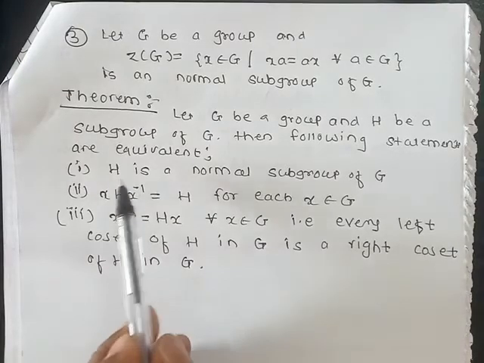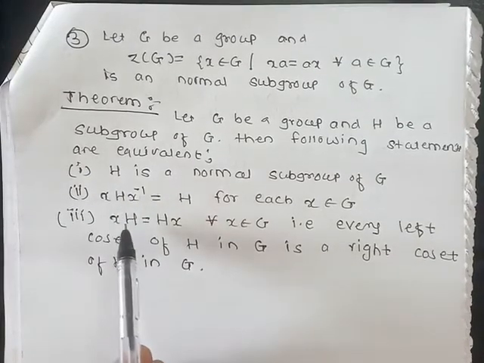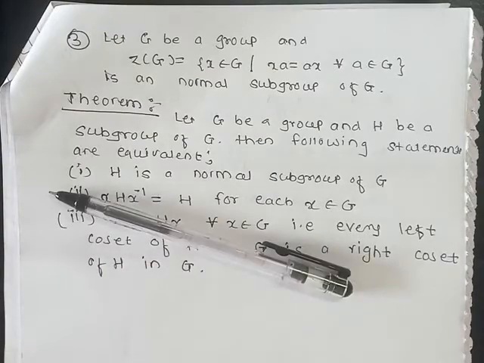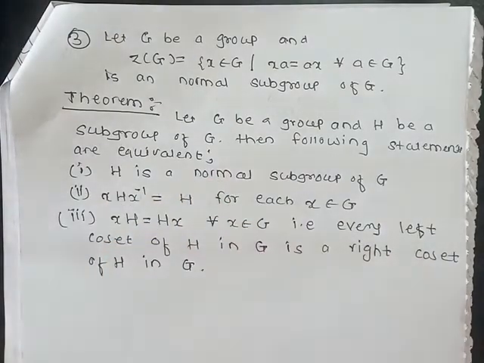That is, the first implies the second, the second implies the third, and the third implies the first, and since implication is transitive, each and every statement implies and is implied by one another.